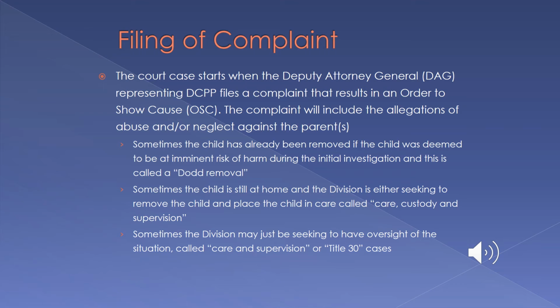This is called having care, custody, and supervision of the child. If the child has not yet been removed, the division will either be seeking to remove the child and place the child in the division's care, or the division may be seeking to have oversight of the situation to make sure the child is not put at imminent risk, and this is called having care and supervision or Title 30 cases.